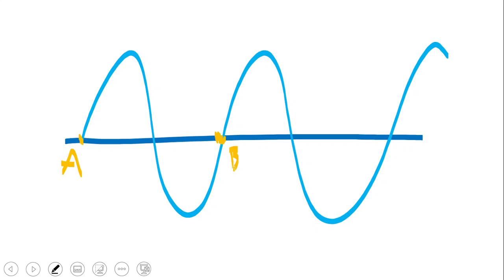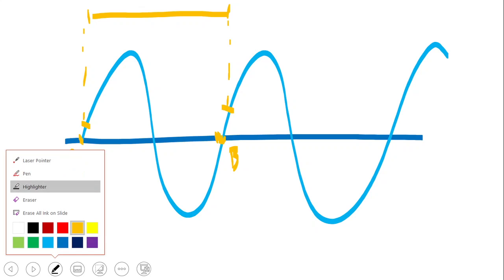Let's just say we don't take these 2 points, but we do take a point over here and then a point over here. Will the distance between this point and then this point also be a wavelength? Yes, it will be. So wavelength is basically the distance between two successive points in phase.